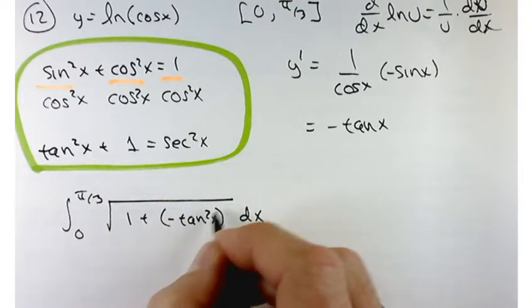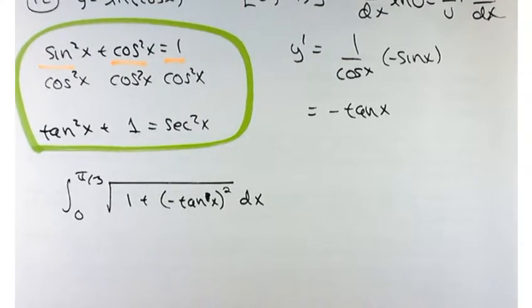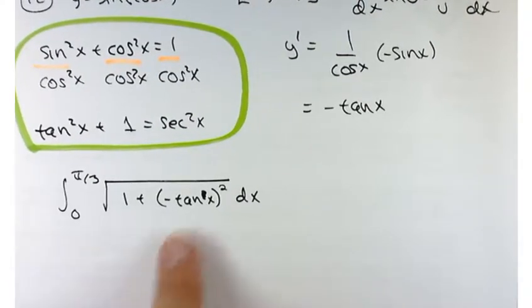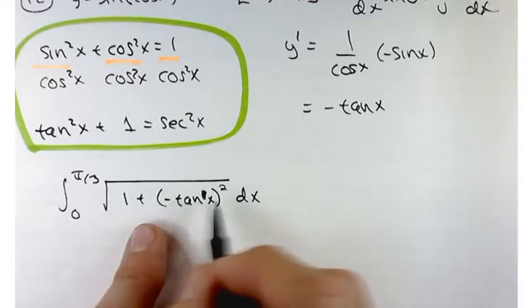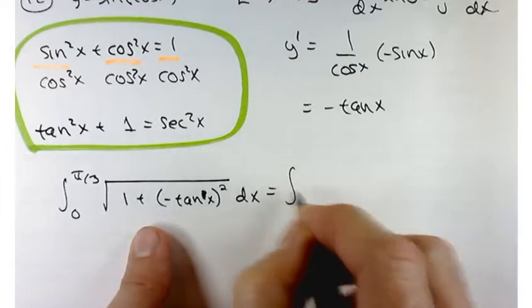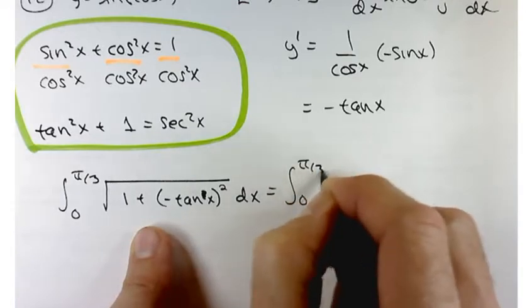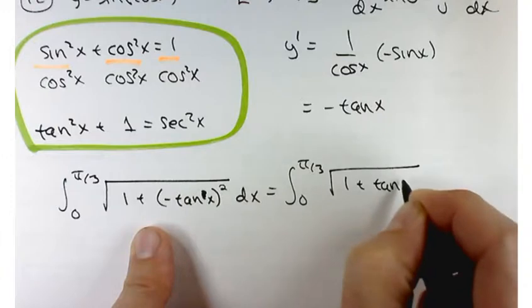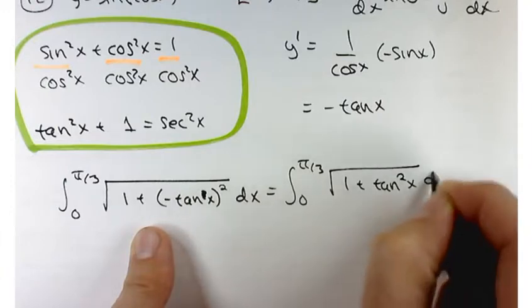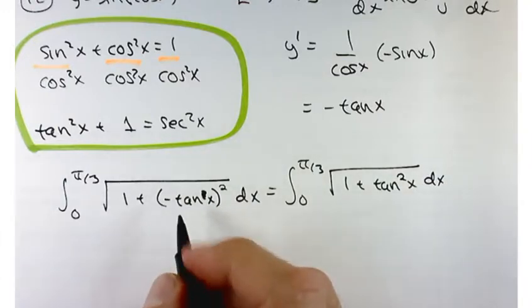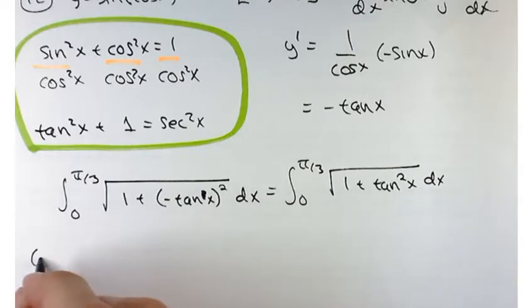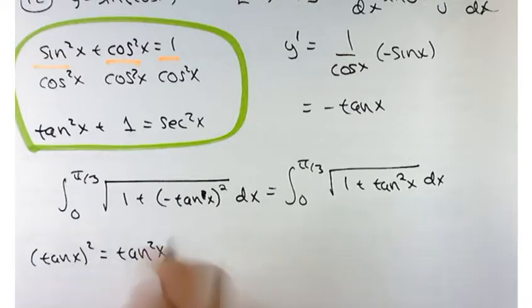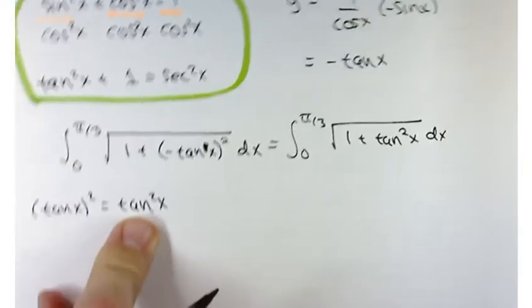It is squared. The squared should be on the outside, though. My bad. Now, when you square something that's negative, it becomes positive. So the integral from 0 to pi over 3 of the square root of 1 plus tangent squared x dx. Remember that tangent of x squared is the same thing as tangent squared of x. It's just a notational convenience that we allow ourselves here.